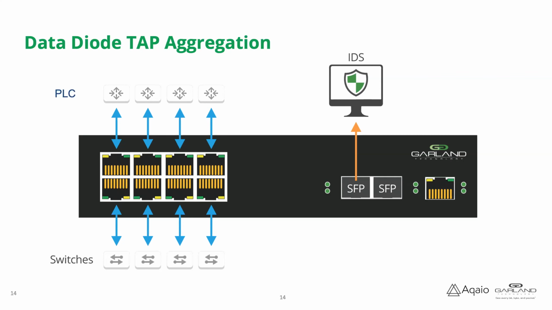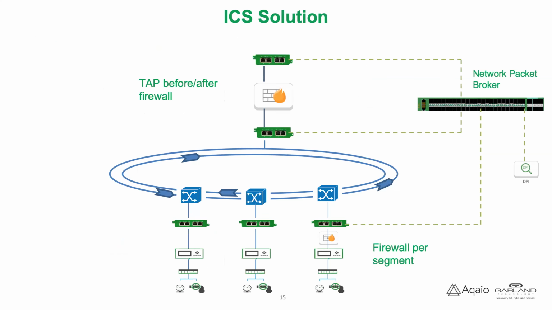This we use a significant amount, and I've simplified that first drawing again, so that with that particular box, I can tap either side of my firewall. So I can tap either side of my firewall and I can link that out to some sort of monitoring.